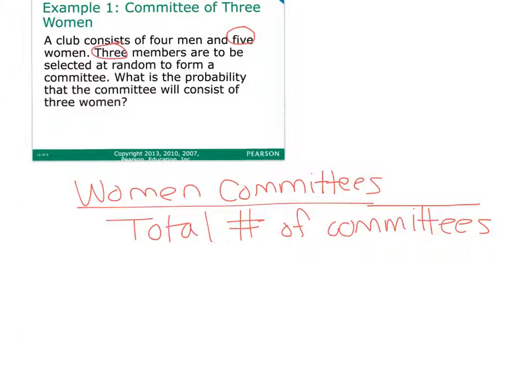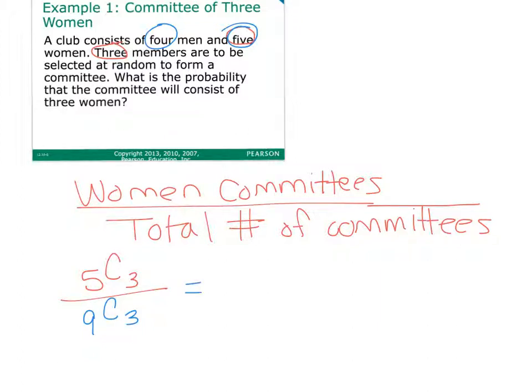So for your numerator, you would do 5 combination 3, and that would tell you the number of female committees that are possible. Then in your denominator, you need to figure out the total number of committees possible. Well, there's 4 men and 5 women, so there's a total of 9 people, and you have to pick 3 out of the 9.